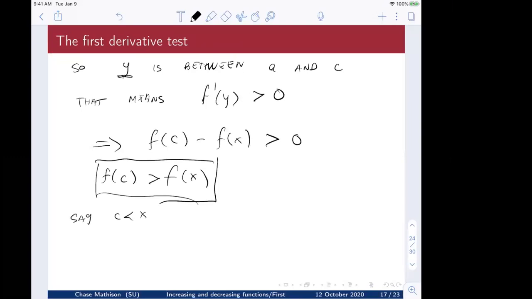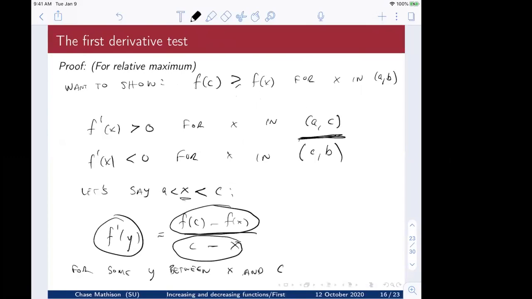Okay, and so this means f of c is a relative maximum because there's an interval on which f of c is bigger than f of x for all x close to it. Okay. Any questions on that? The key to the proof is the mean value theorem, okay?